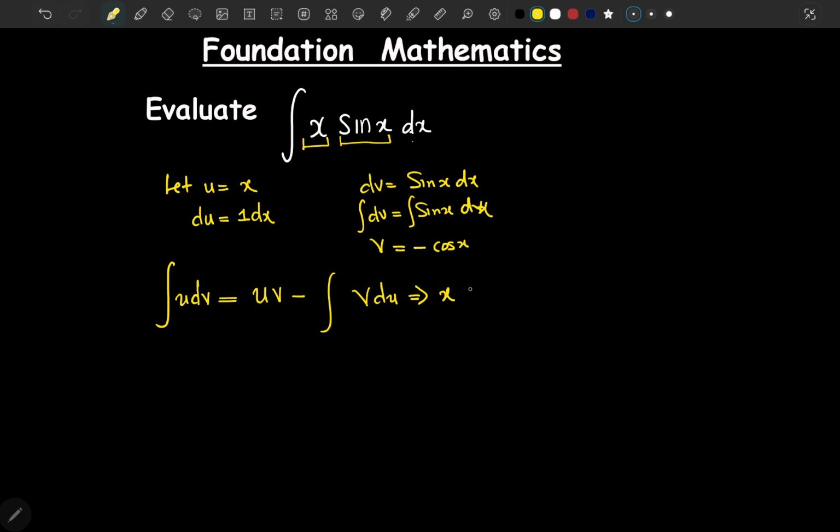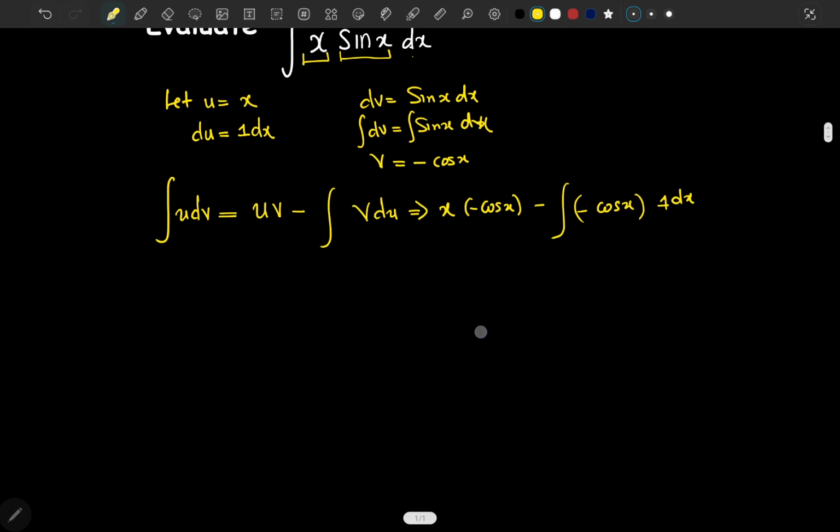Then our v is negative cos x, minus the integral of v, which is negative cos x, then our du is 1 dx, which is just dx, right? So having that in mind, we have negative x cos x.